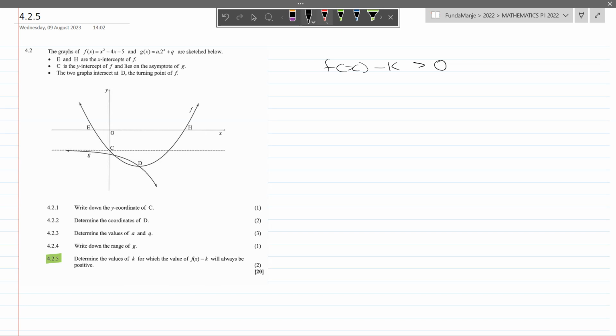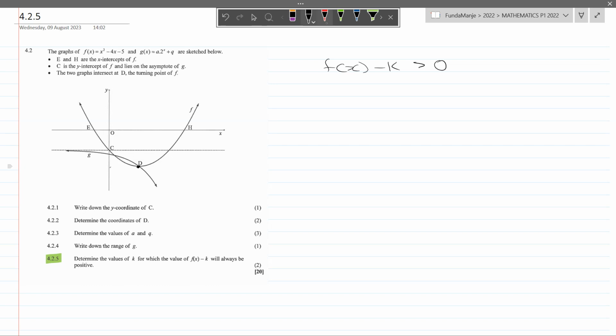So basically you're looking for the values of k that you can have such that your function of f is still positive. In order to do that, we just have to look at the lowest part on our graph, which is at the turning point.